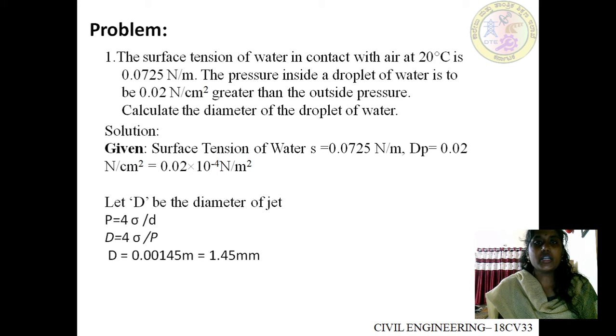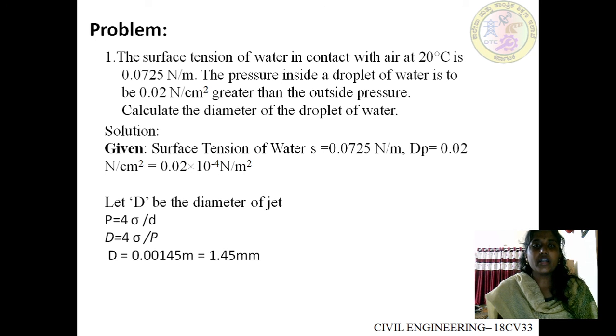The pressure inside the liquid droplet of water is 0.02 Newton per centimeter square. We need to convert this Newton per centimeter square to Newton per meter square, so it will become 0.02 into 10 power 4 Newton per meter square, greater than the outward pressure. Calculate the diameter of the droplet of water.